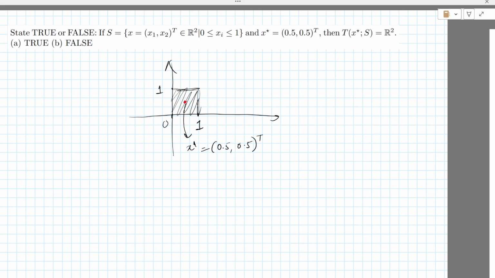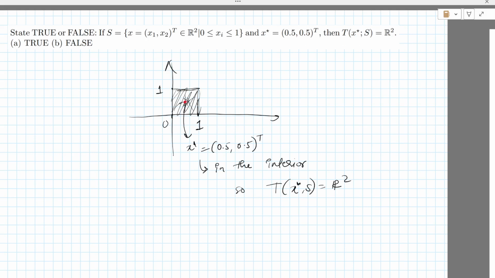Because it is in the interior, the tangent cone is R squared, because I can come from any direction to this point.